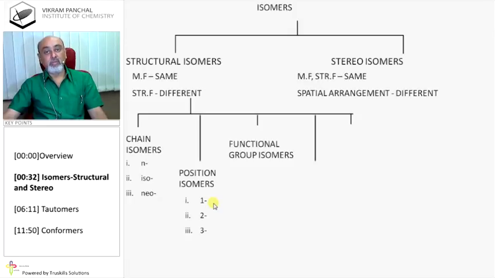Next is functional group isomerism, in which molecular formula will be same, structural formula will be different, and they have different arrangement of atoms, so that functional group will be different. This isomerism is possible if two different compounds share the same formula.